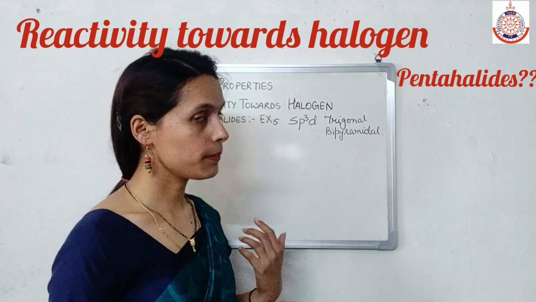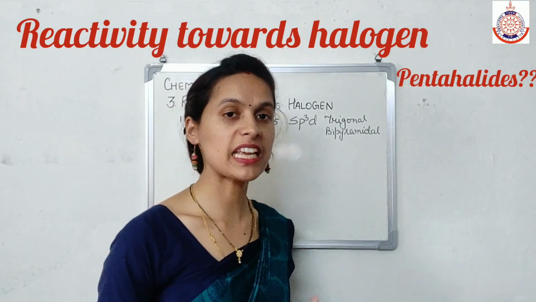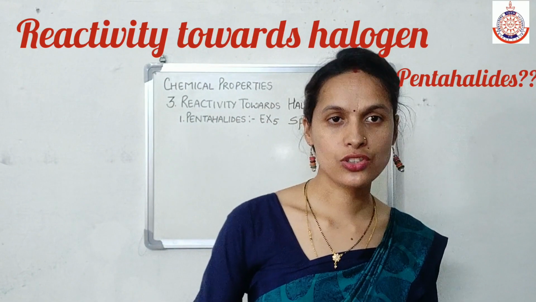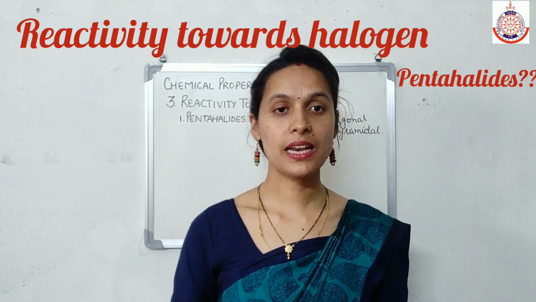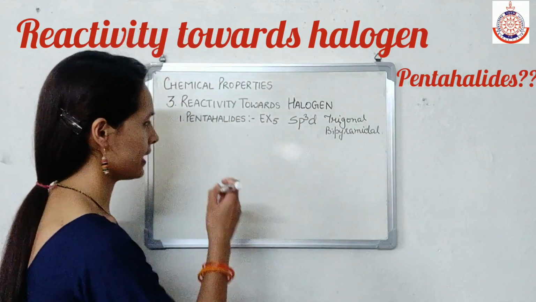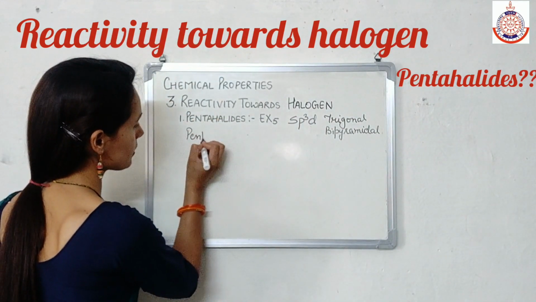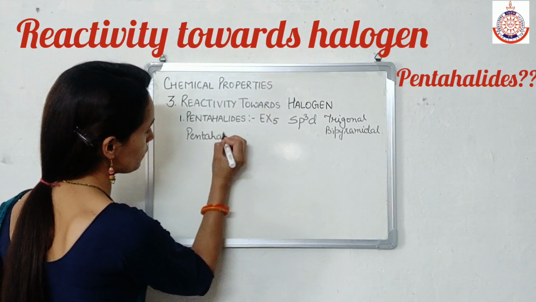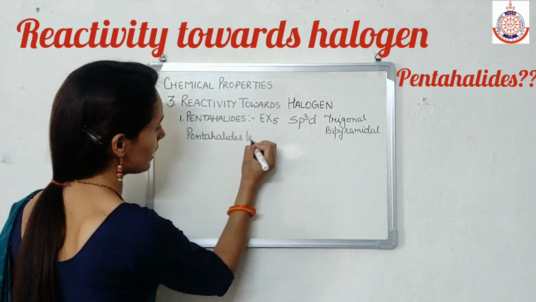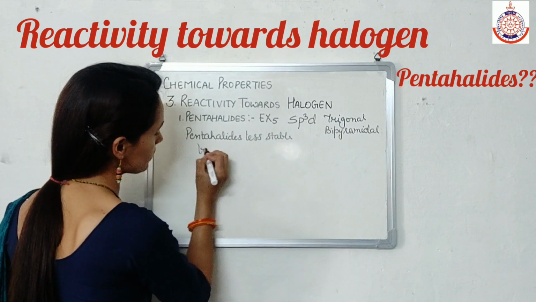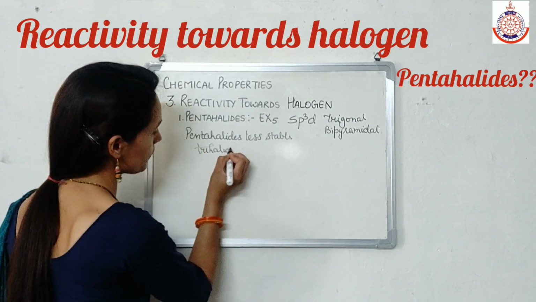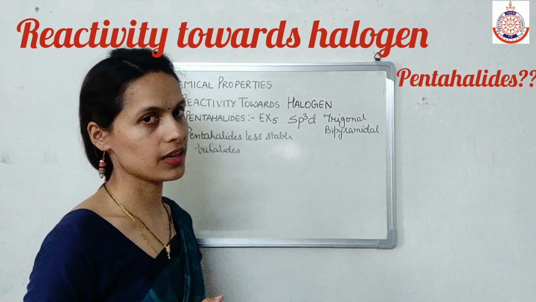Now if we talk about the nature or the stability, pentahalides are less stable as compared to the trihalides. Pentahalides of this group are less stable than trihalides. The reason behind this is the inert pair effect.